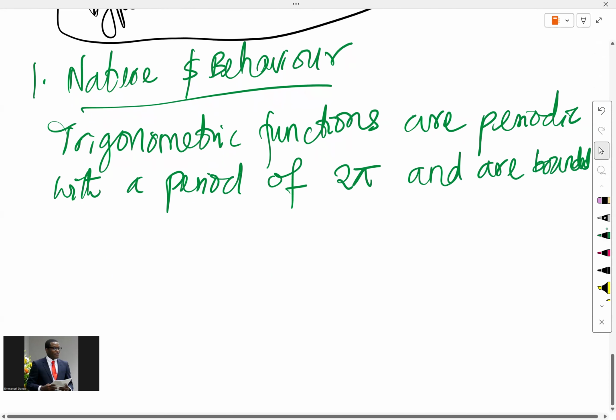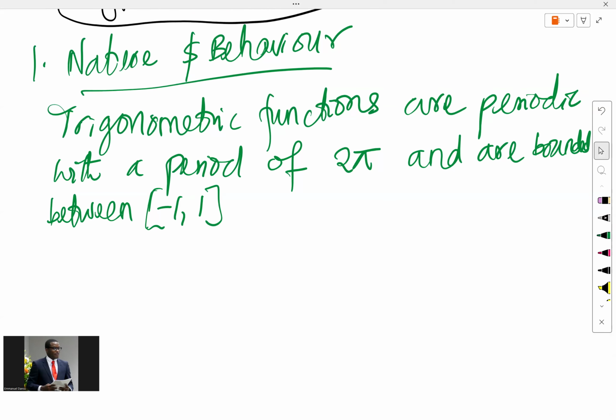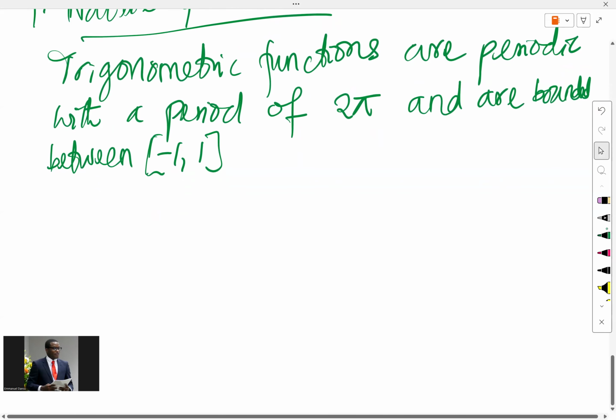They are bounded between the closed interval -1 and 1. Just like when you see the sine and cosine graphs, they are always between -1 and 1, and they reoccur. They have a period of 2 pi. After every 360 degrees, you get the same result again. So that's for trigonometric functions.